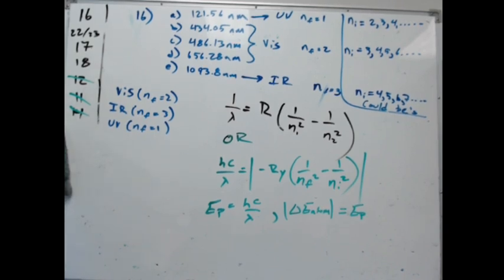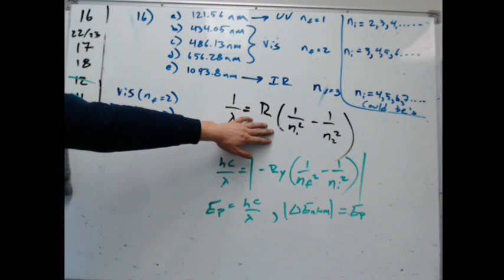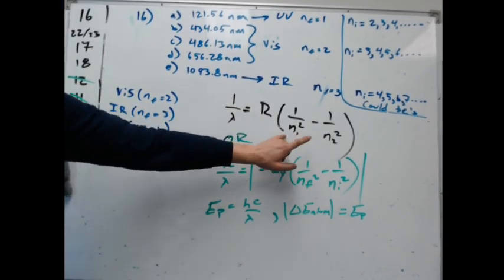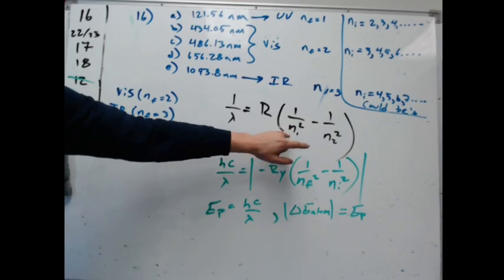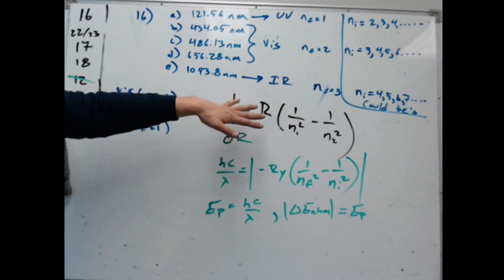But isn't n2 the same thing as n final? Not with the way that this equation is written. Since it's written in terms of n1 and n2, and our rule is that n1 has to be smaller than n2, it's not really saying anything about n final and initial.